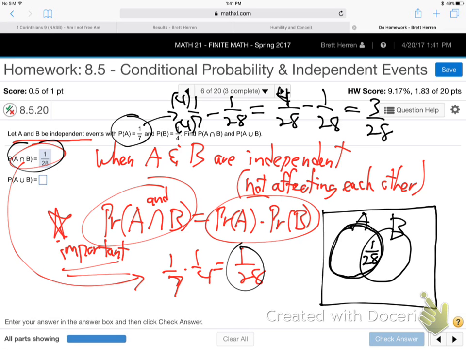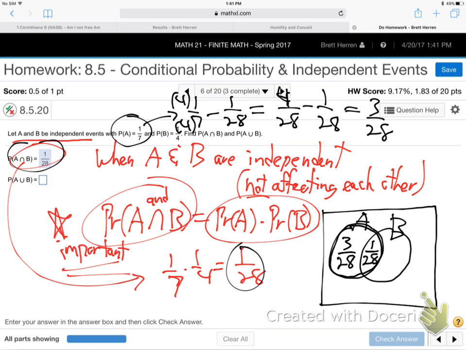So this part here is 3/28. See how that's working? See how those two together now make 4/28, which is 1/7? See how circle A is now 1/7, like it says?